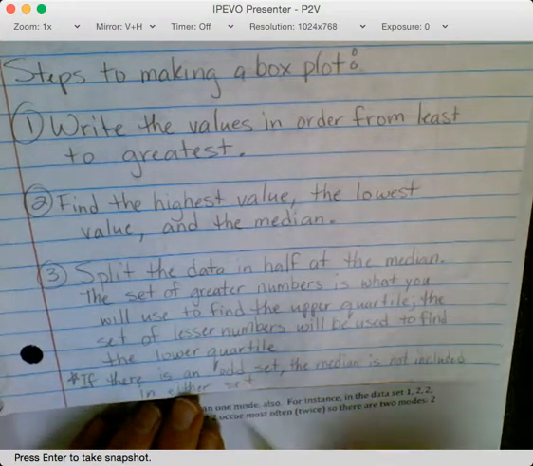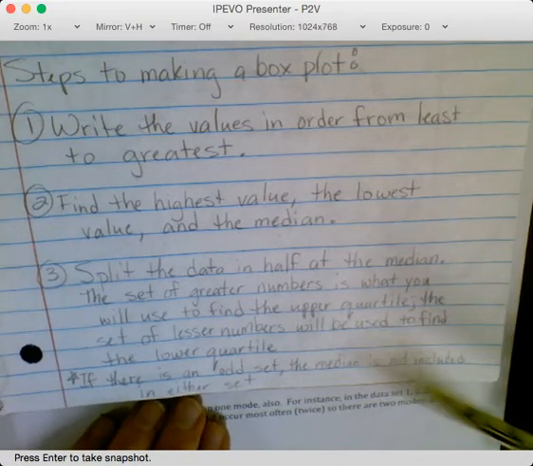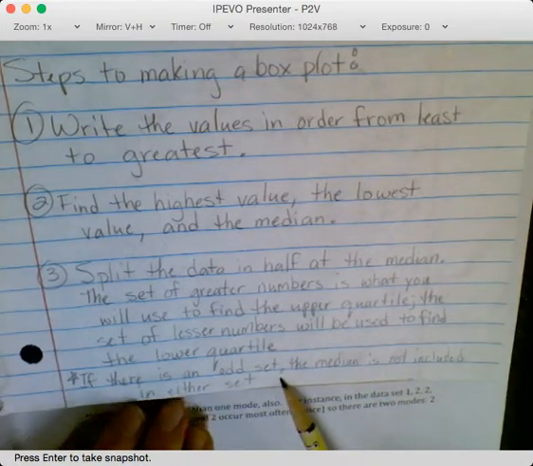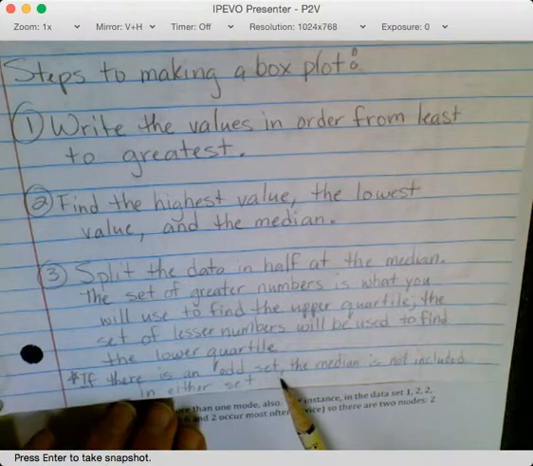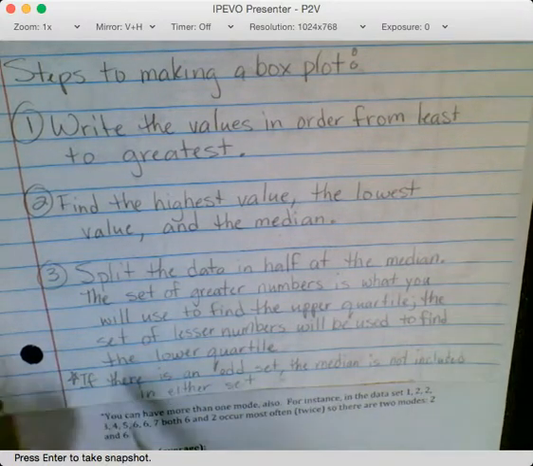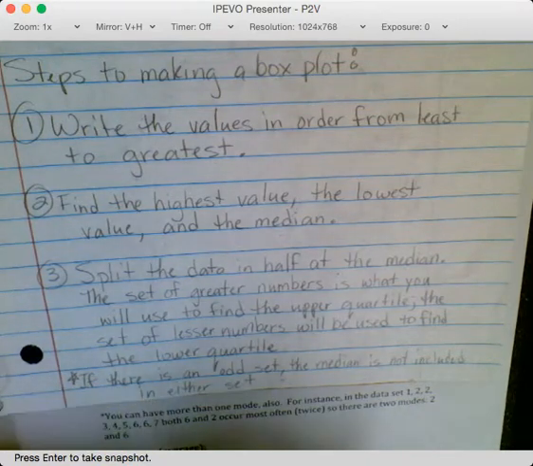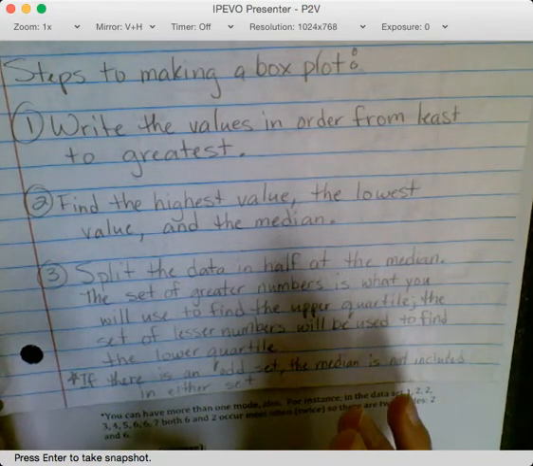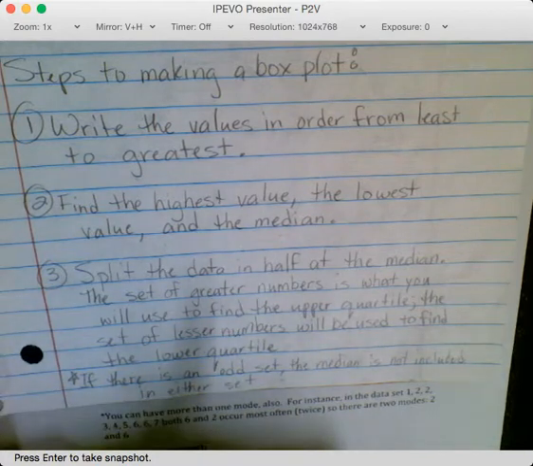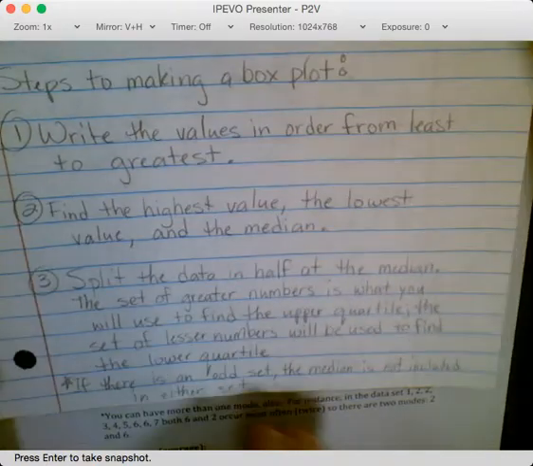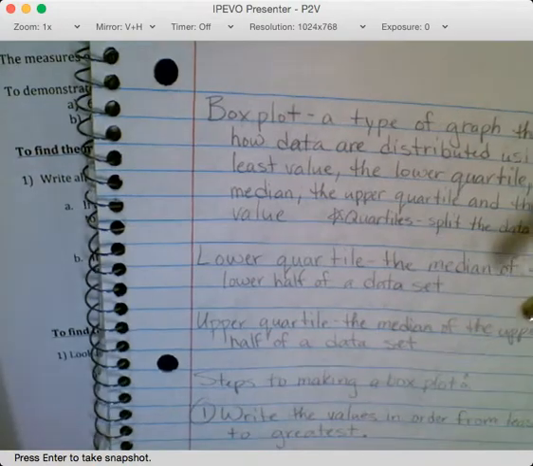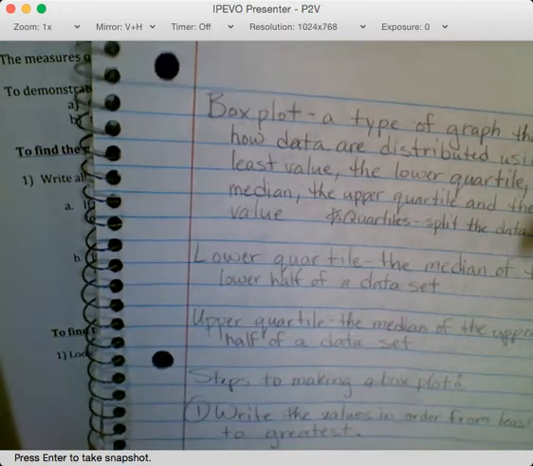So if there is an odd set, so let's say you have 9 numbers, then your median is not going to be included in the upper quartile or the lower quartile. If you have an even number, then they will be included in the upper or lower, depending on where it is. So that's just something to note when you are finding these values.